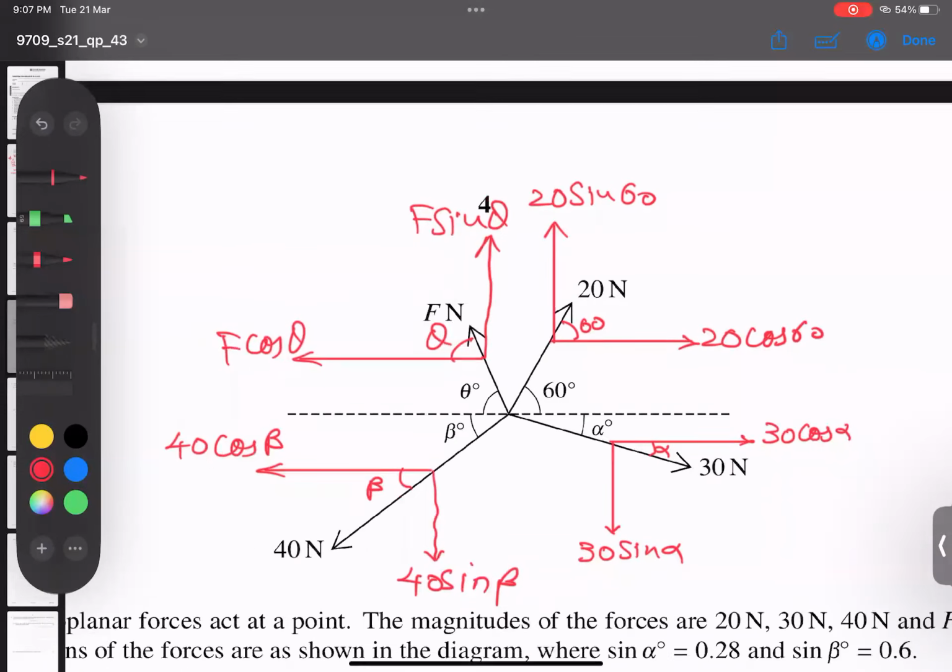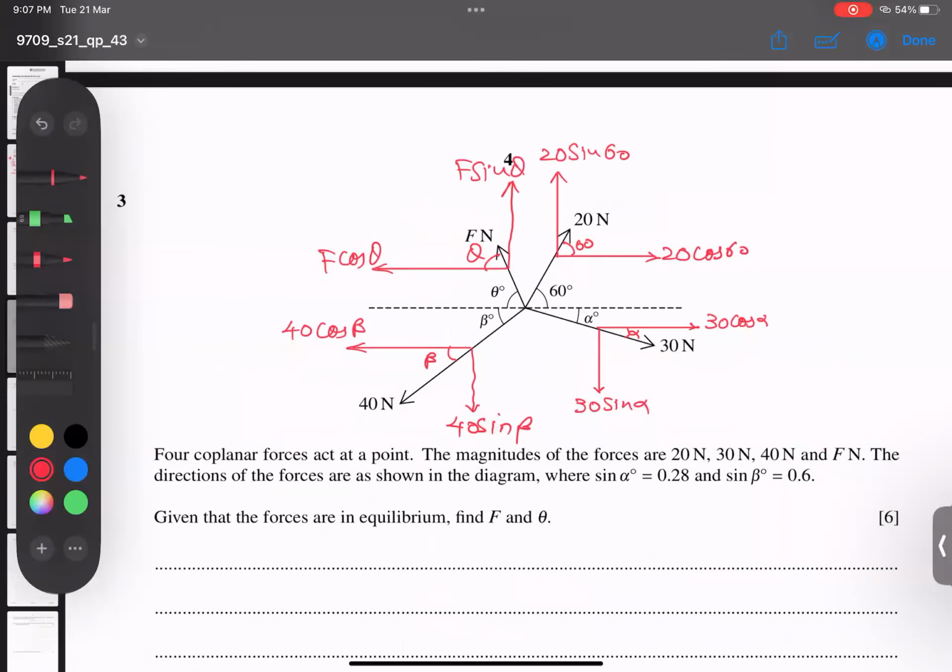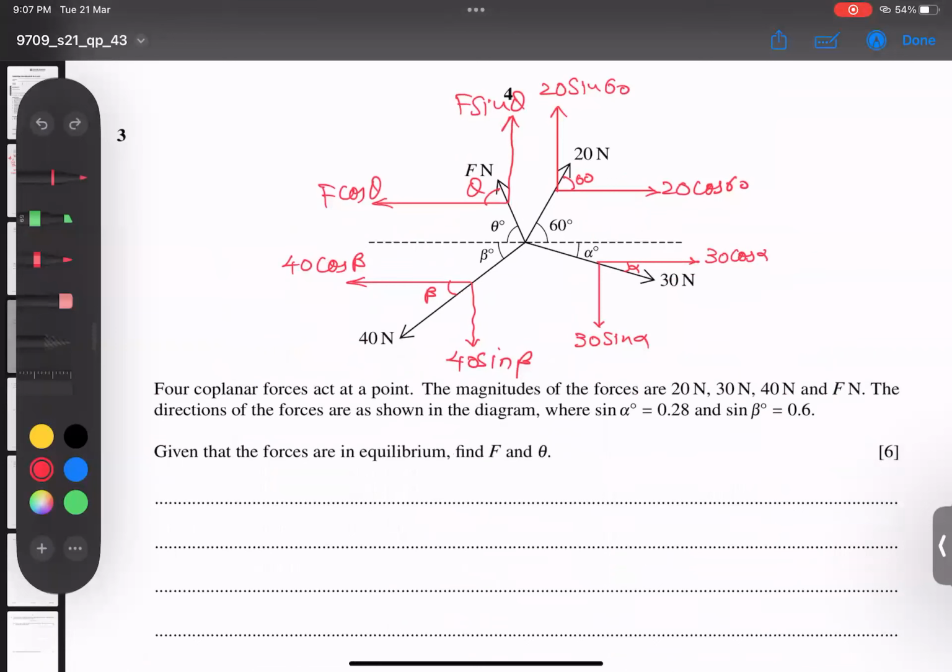And now I'm going to start. First of all, I can say that left side forces and right side forces are equal to each other. So first I talk about horizontally. You can write this or not, no problem at all. I can start from right or left; start from anywhere.